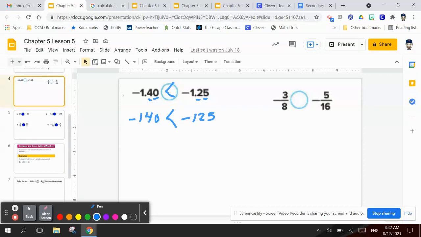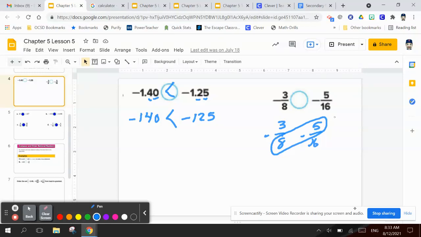The next one, we have -3/8 and -5/16. For this one, we can use the butterfly method. So what we do is we're going to cross multiply. So I have 3/8 and 5/16. They're both negative. So I'm going to multiply the bottom denominator 8 times the numerator at the top.